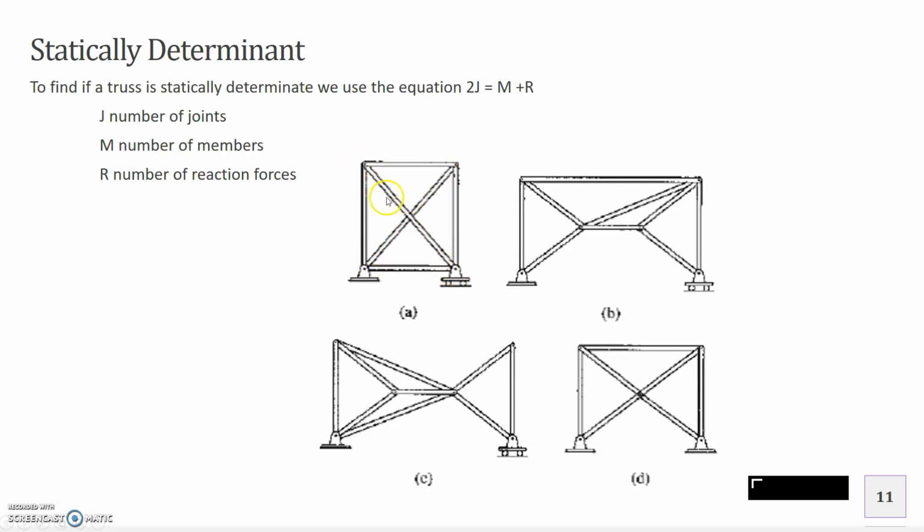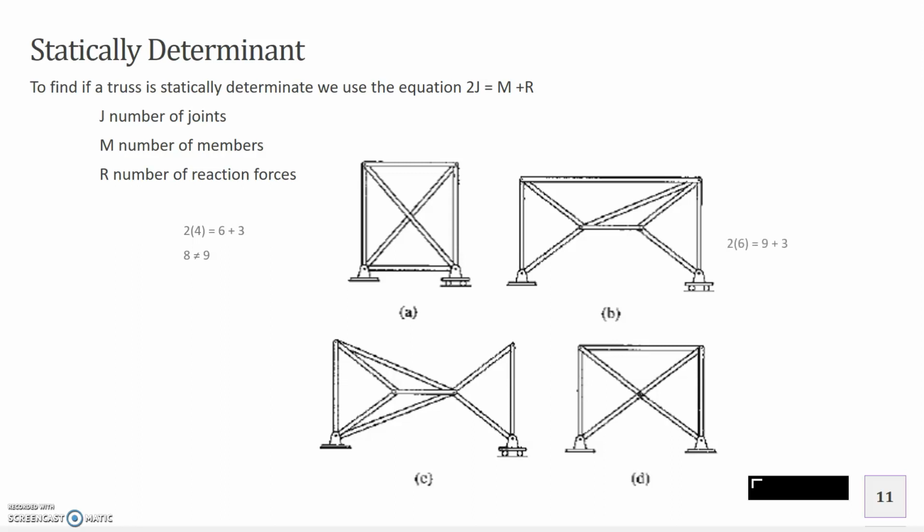So that's 6 plus the reactionary forces. This has 2 because this is a pin, so it's 1 and 2, and this has 1, so that's 3. So 2 times 5 equals 10, which is not 6 plus 3, so this is statically indeterminate. We cannot calculate this one.